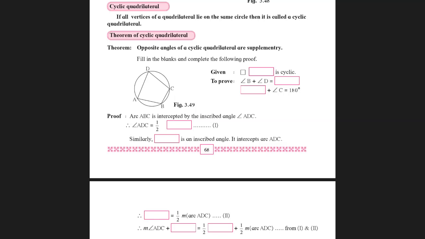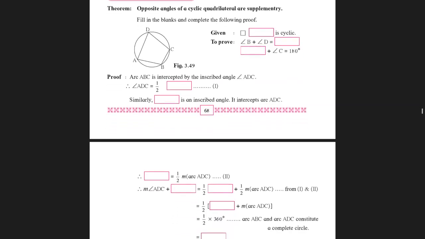So I'll explain once again. Given: quadrilateral ABCD is cyclic. To prove: angle B plus angle D is 180 degrees, angle A plus angle C is 180 degrees. Coming to the proof: arc ABC is intercepted by the inscribed angle ADC. Okay.